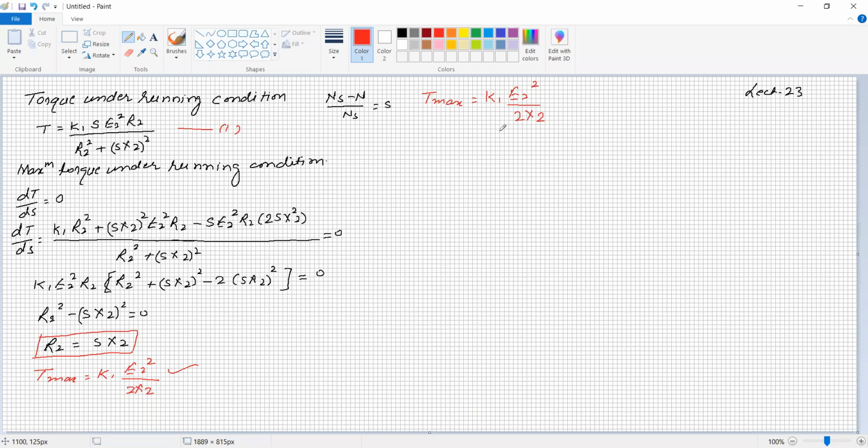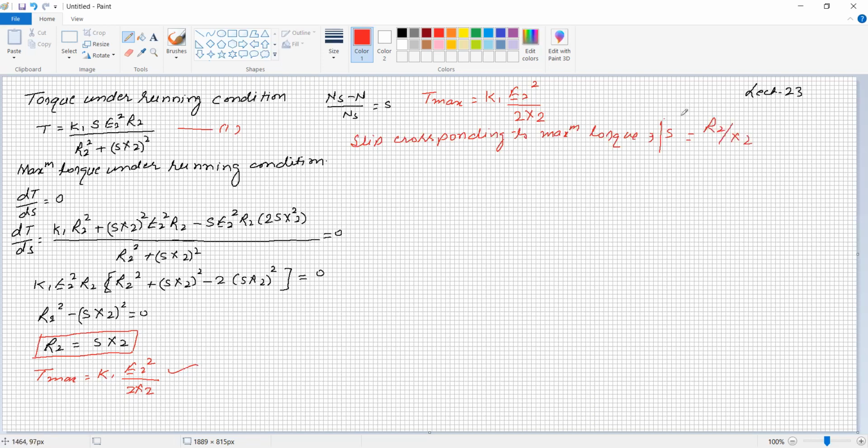The very first thing: the slip corresponding to maximum torque is S is equal to R2 upon X2.